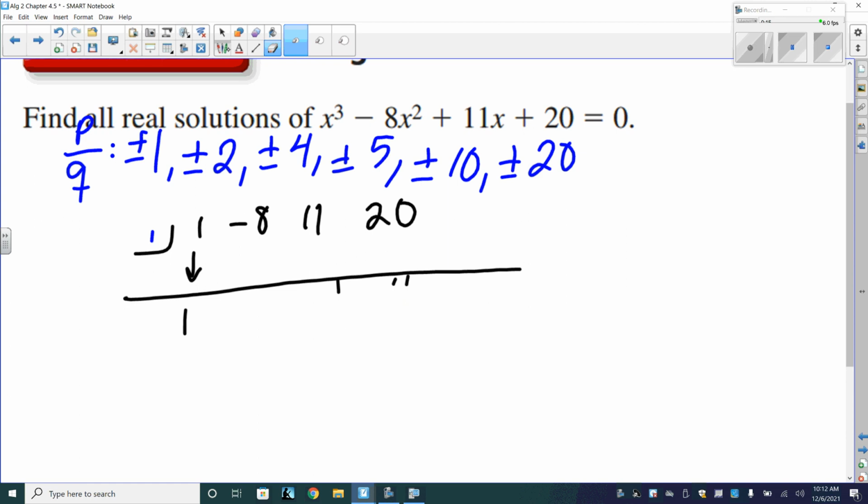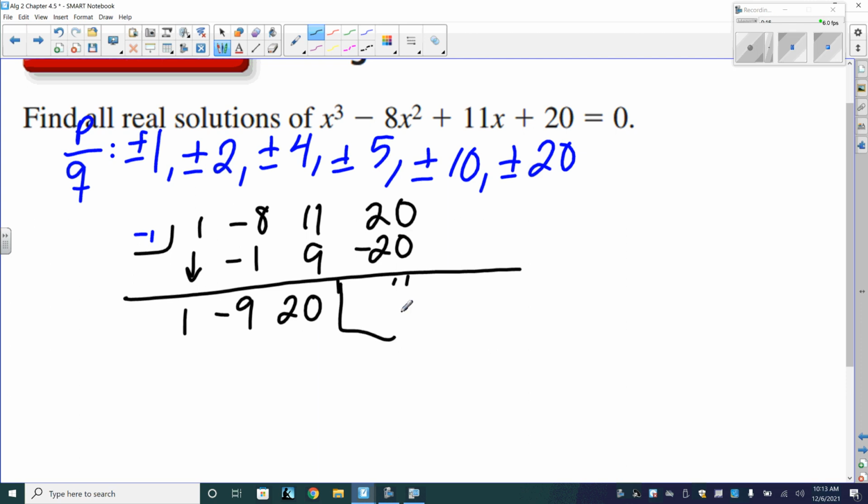All right, well, 1 didn't work. But you know what might work? -1. And we'll do it again. -1 times 1 is -1. -8 plus -1 is -9. -1 times -9 is 9. 11 plus 9 is 20. -1 times 20 is -20.